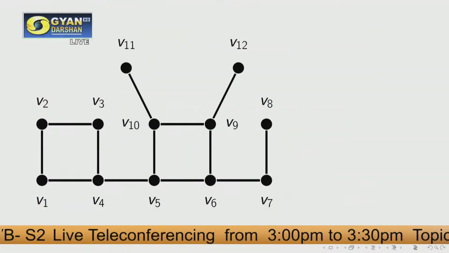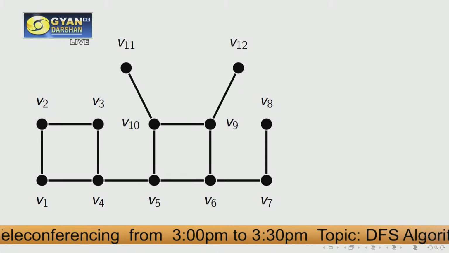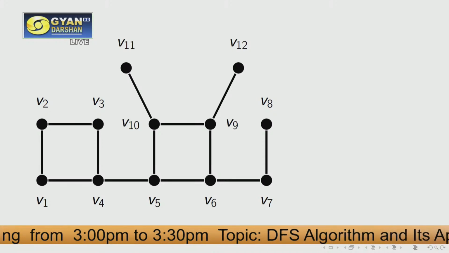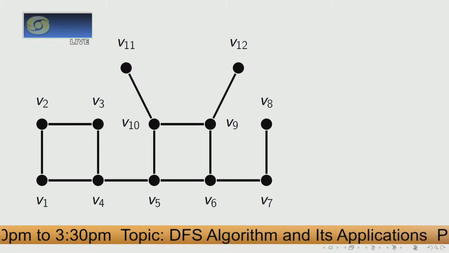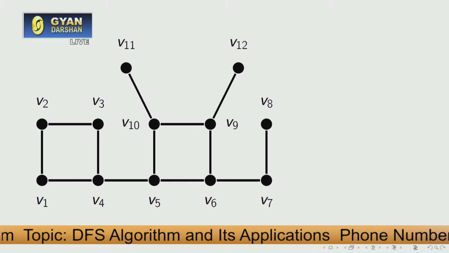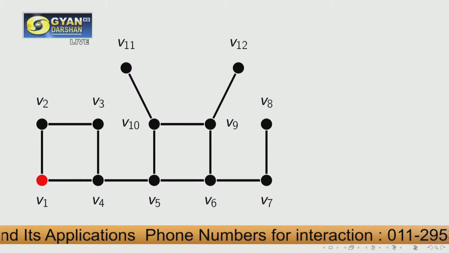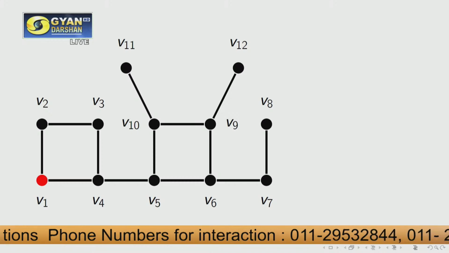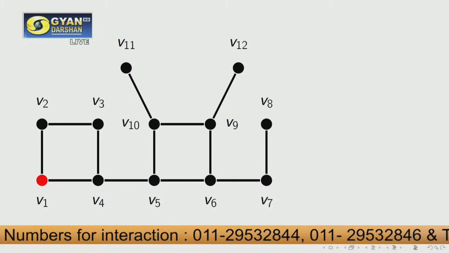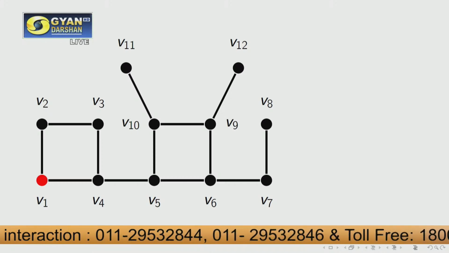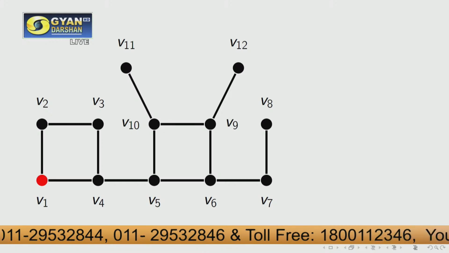So here is a graph. Let's start traversing this graph using the DFS algorithm from the vertex, say V1. We shall use red color for marking a vertex when it is visited, and also for the edges which are used.